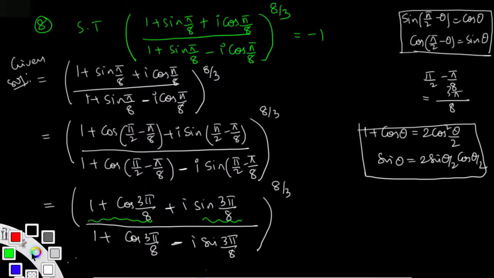So 1 plus cos 3 pi by 8 is nothing but 2 cos squared 3 pi by 16, plus i times, with i common outside, sin 3 pi by 8, which is 2 sin 3 pi by 16 into cos 3 pi by 16.